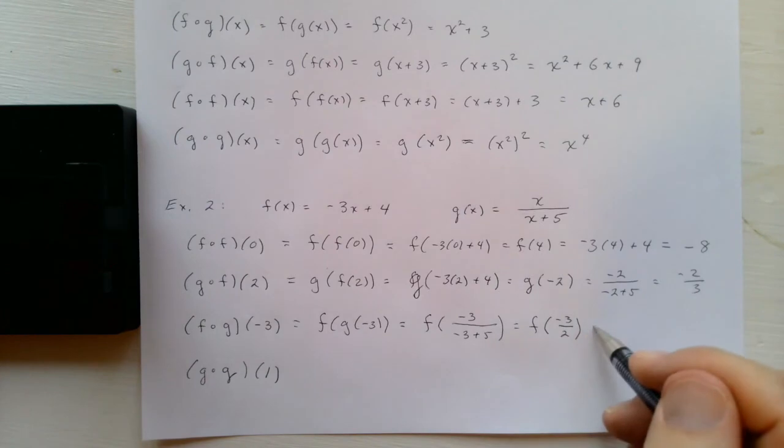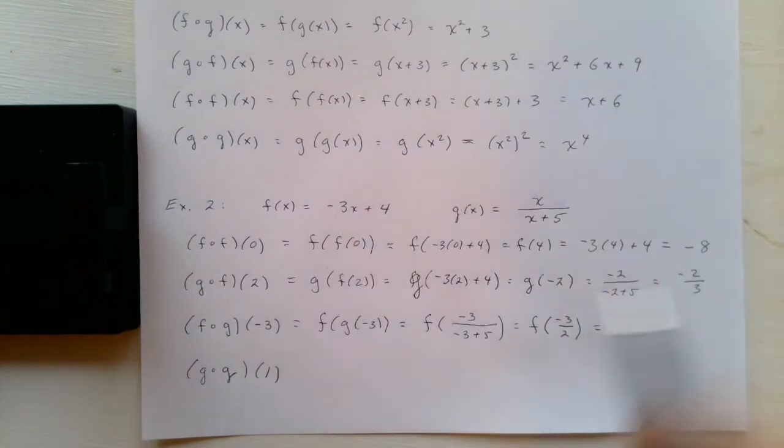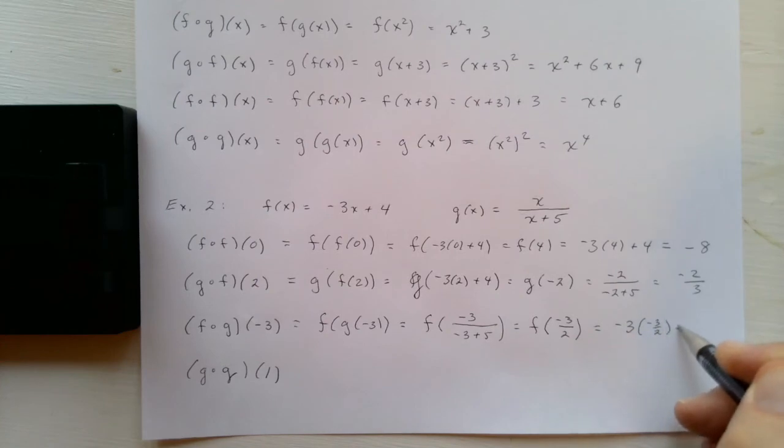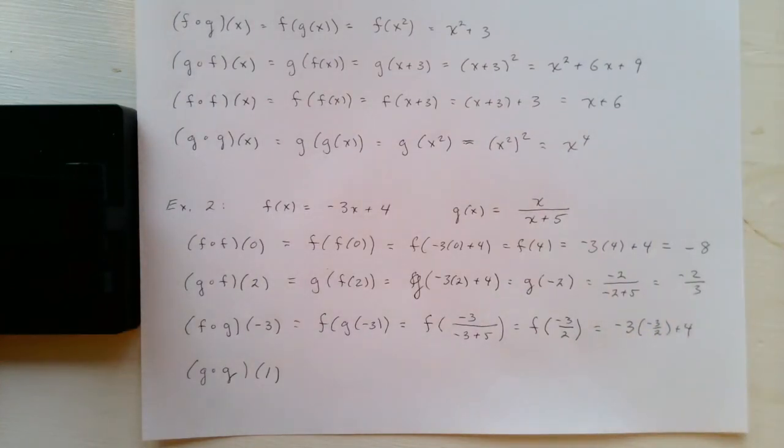Now we plug negative 3 halves into here. This is negative 3 times negative 3 halves plus 4, which will be 9 halves plus 4. That's 9 halves plus 8 halves. That's 17 halves.